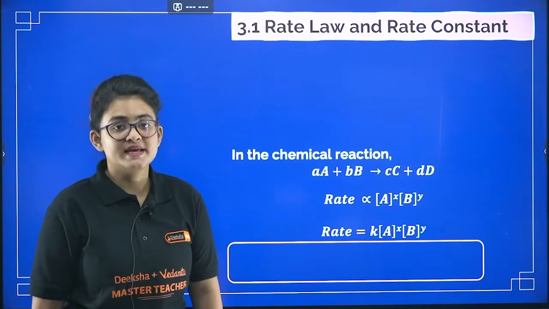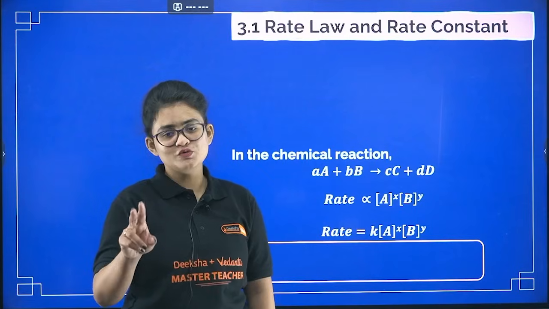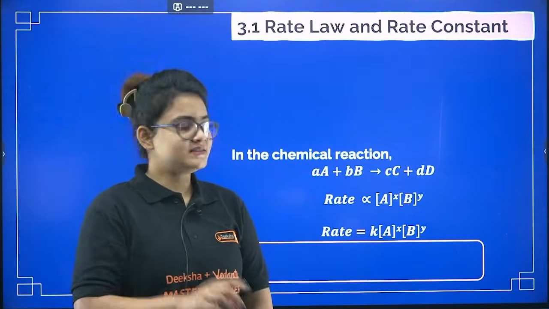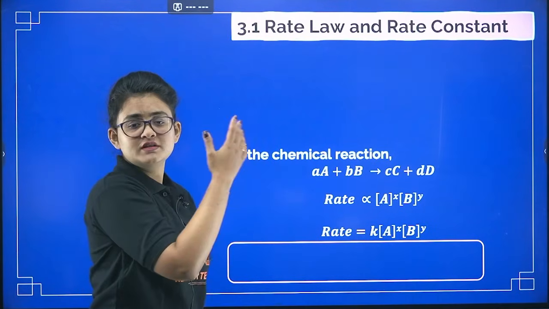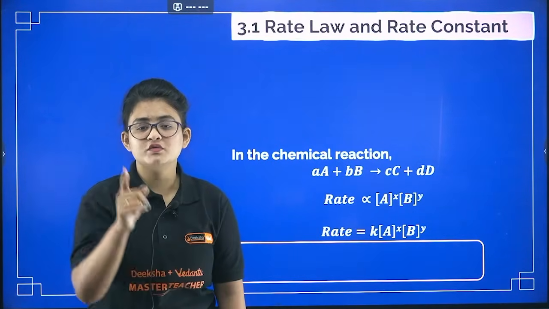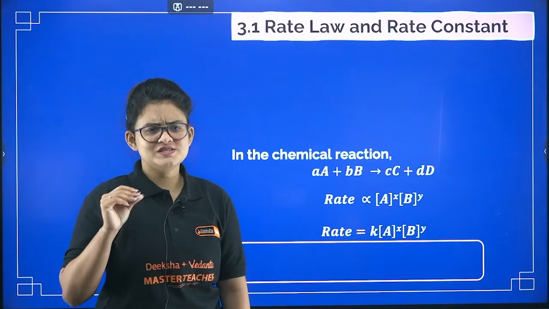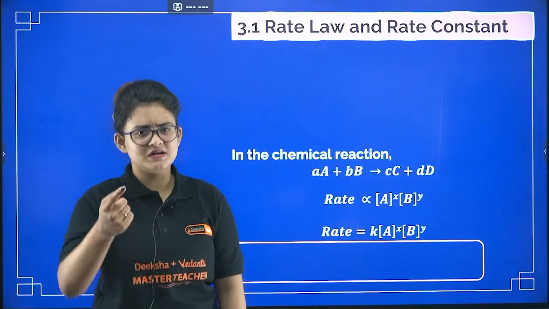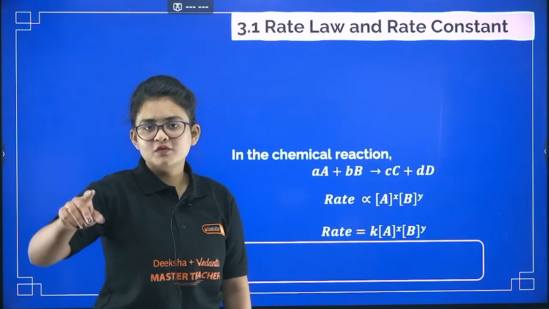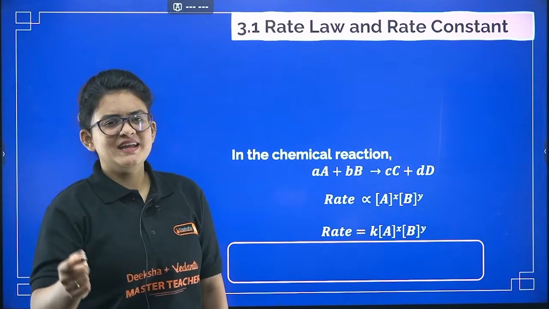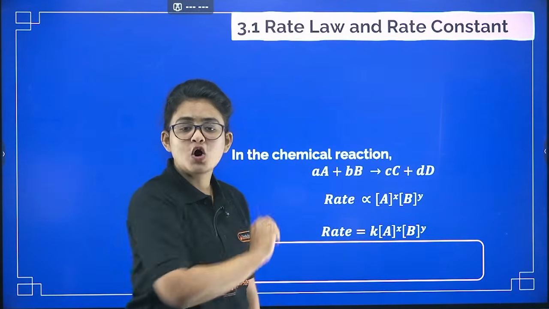Goldberg and Waage, these two scientists, at first told that the rate is directly proportional to the concentration of the reactant raised to the power of their stoichiometry. But after a few reactions, they saw that this does not work for all reactions. Then they concluded that it does not depend upon the stoichiometry for all reactions.